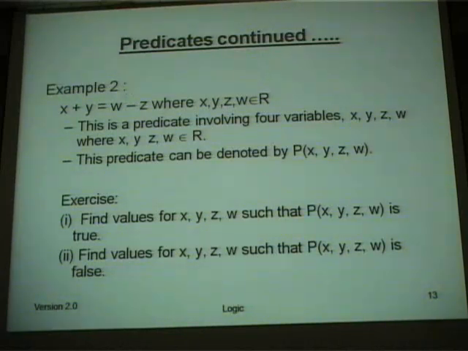But I am asking what the set of values for x, y, w, z is. If you substitute x, y, w, z by the set of values, then it becomes a proposition. So you can find the set of values for x, y, w, z for which this predicate becomes a proposition, and the value of the proposition is true. Similar to this one. I leave that for you.